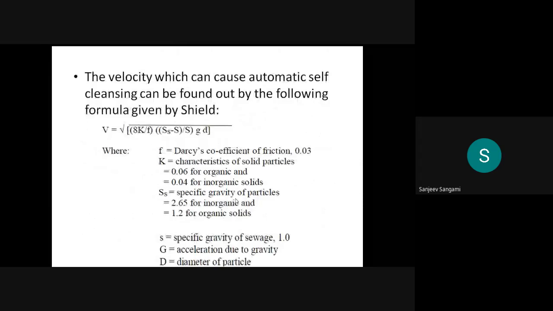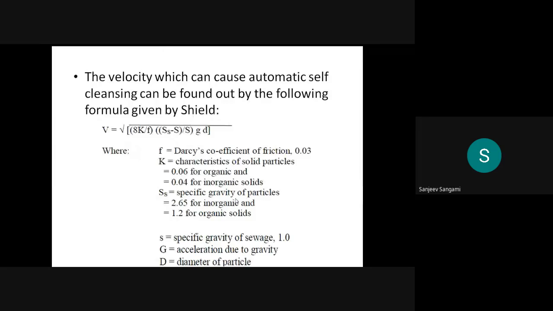Normally the self-cleansing velocity is given by Shields. So V is equal to the square root of 8K divided by F, times (Ss minus S) divided by S, times G times D, where F is Darcy's coefficient of friction, that is 0.03. K is the characteristic of the solid particles. It is assumed to be 0.06 for organic and 0.04 for inorganic solids.